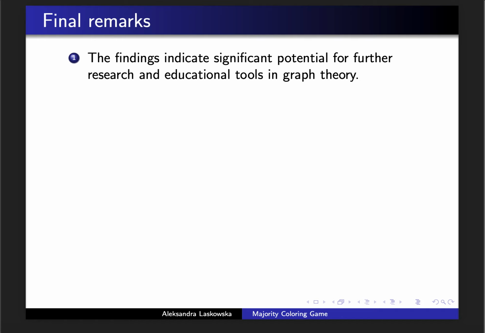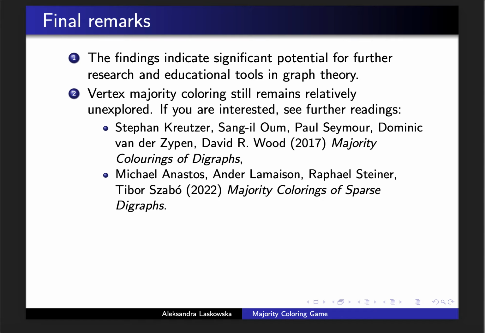Okay, to sum up, I think there is a great potential for research and educational tools in graph theory. I hope that I have shown this today, hopefully. And note that I was focusing only on undirected graphs.